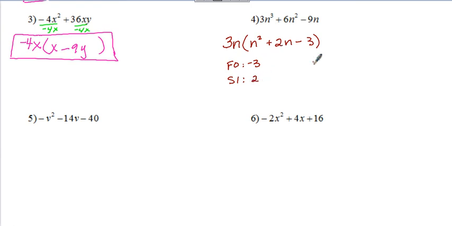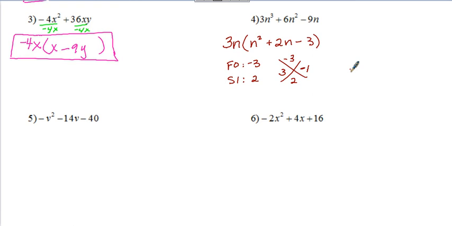What multiplies to -3 and adds to 2? Hopefully you're thinking it's got to be some combo of 3 and 1. If I need to end up with a +2, that means I need this to be negative. Let's check. 3 times -1 is -3. 3 plus -1 is +2. So I have chosen wisely.